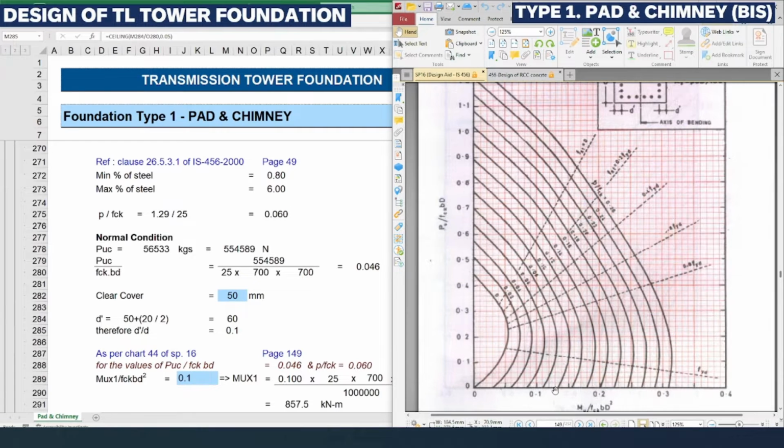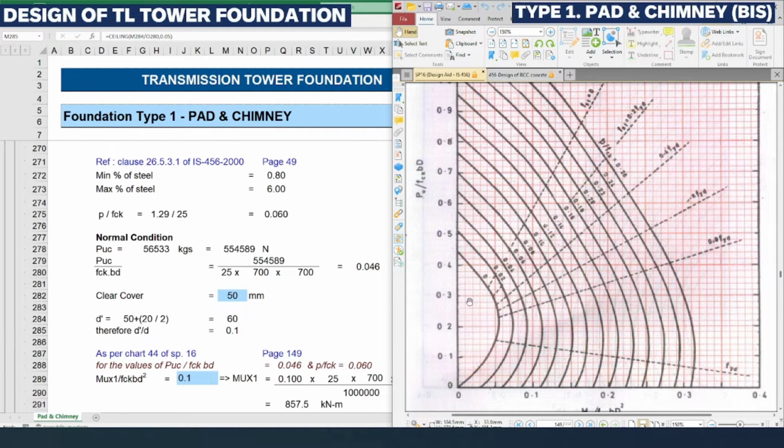In that you can see Pu by fck bD, the value is 0.06, and the percentage of steel divided by fck value is 0.06.